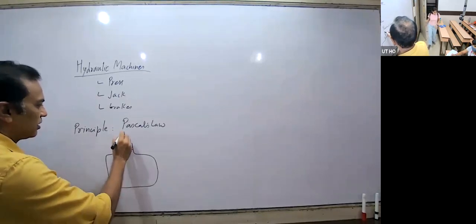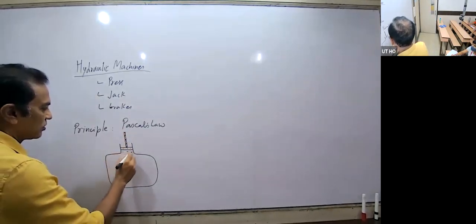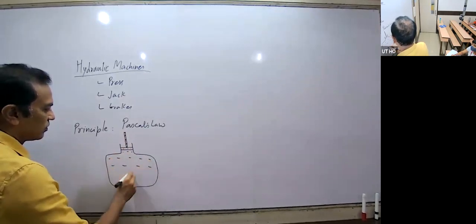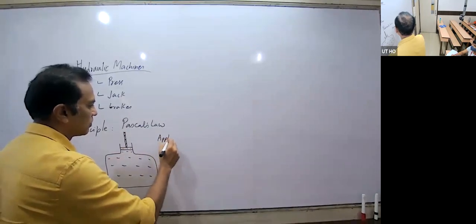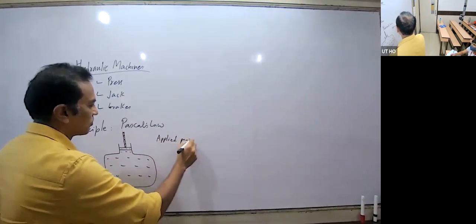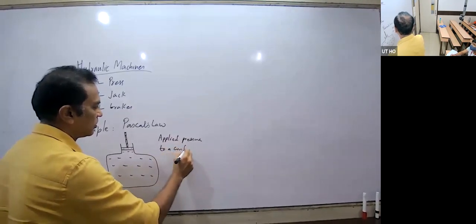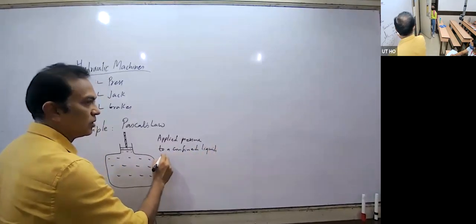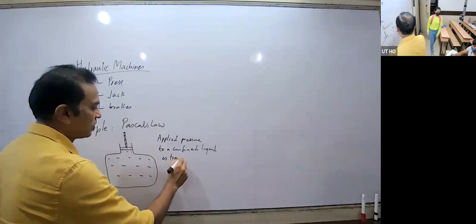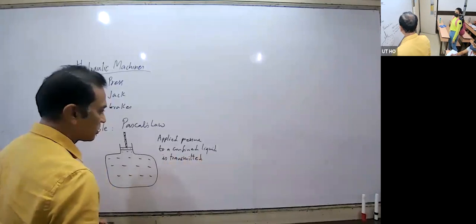The transmission is equivalent at every part in the liquid, right? So this is like a revision of what we did in the last class.